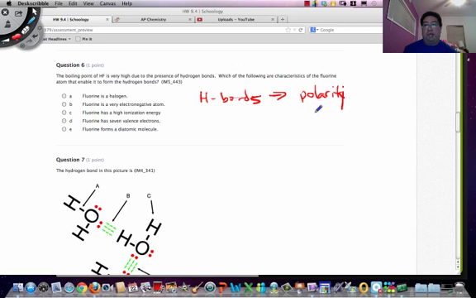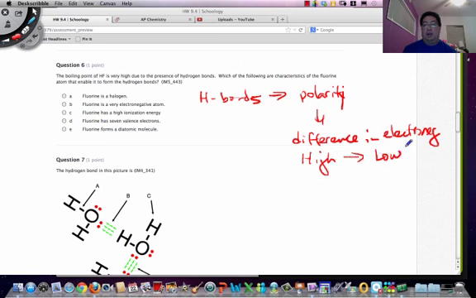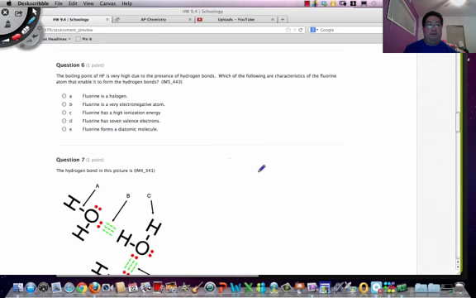And if we're talking about polarity, we're talking about a difference in electronegativity. That means you have to have something with high electronegativity combining with something with low electronegativity. So you have to decide how that fits for fluorine.